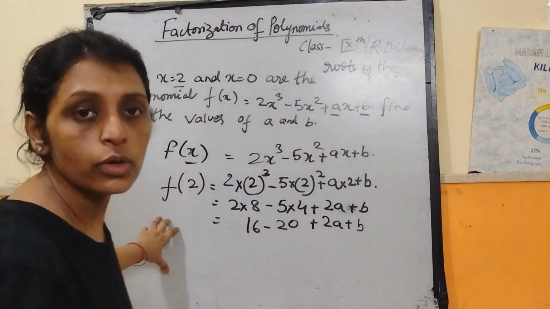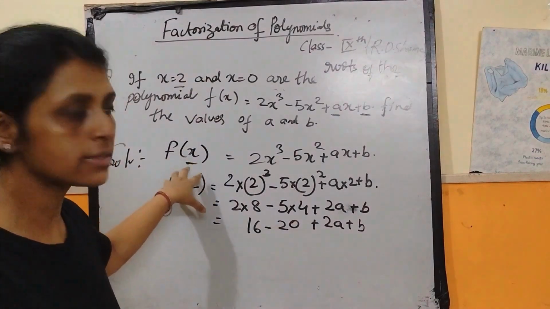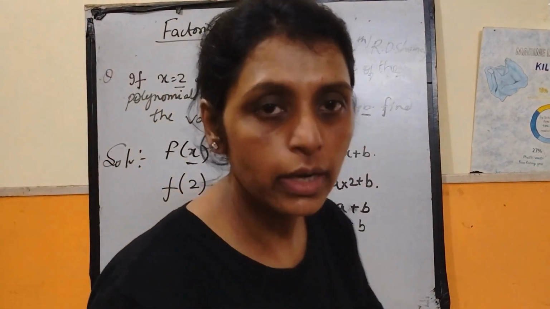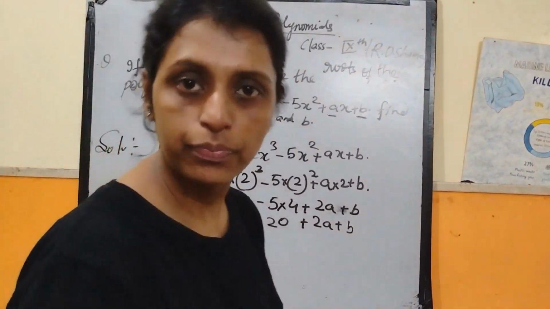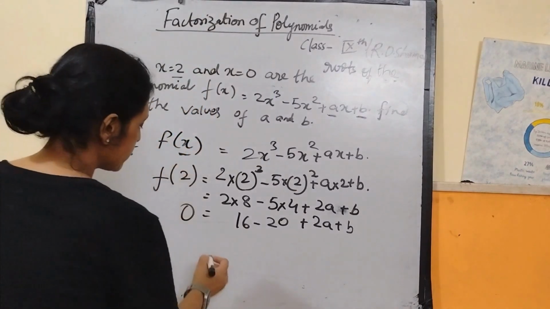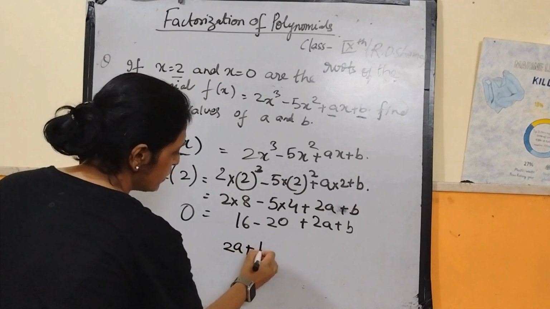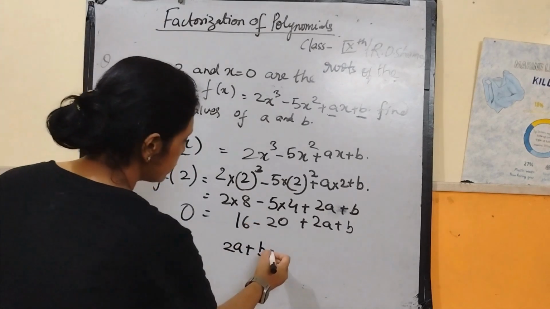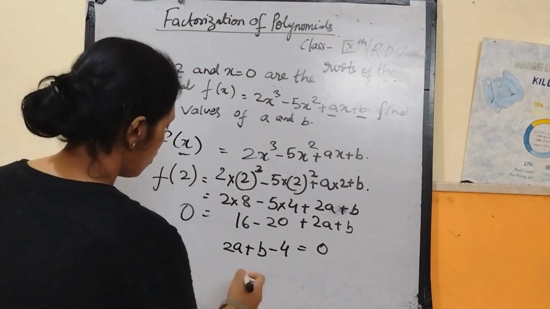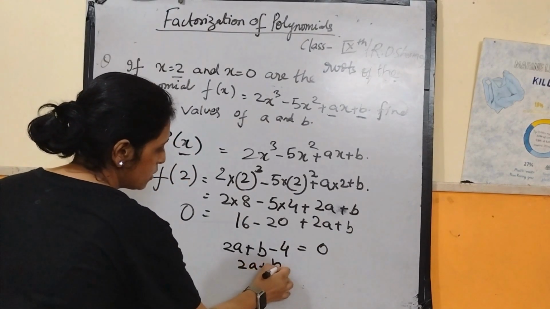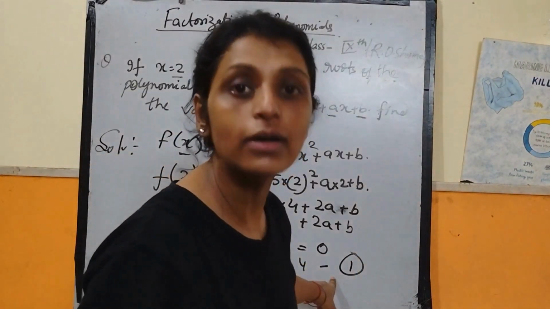And you know that when we put the value of the variable, as x is the root of the polynomial, the whole polynomial will turn to be 0. Okay? So we will get the equation 2a plus b plus 16 minus 20, minus 4 equals 0. Okay? Or 2a plus b is equal to 4. You can take it as equation number 1.